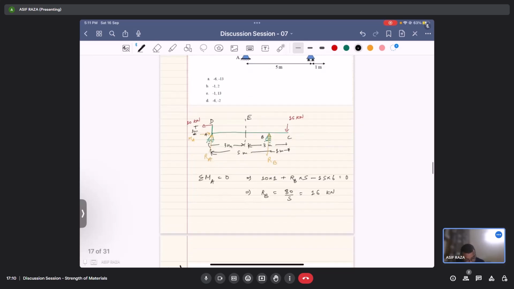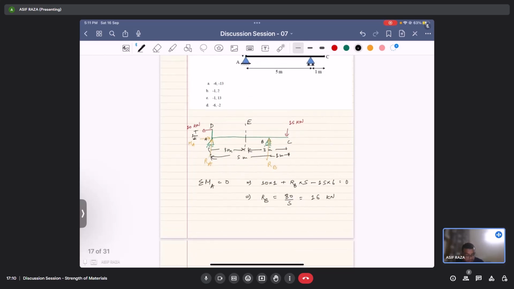Okay. Now to find the shear force at E. Shear force at E would be 15 minus RB. That would be 15 minus 16, which is equal to minus 1 kilonewton.